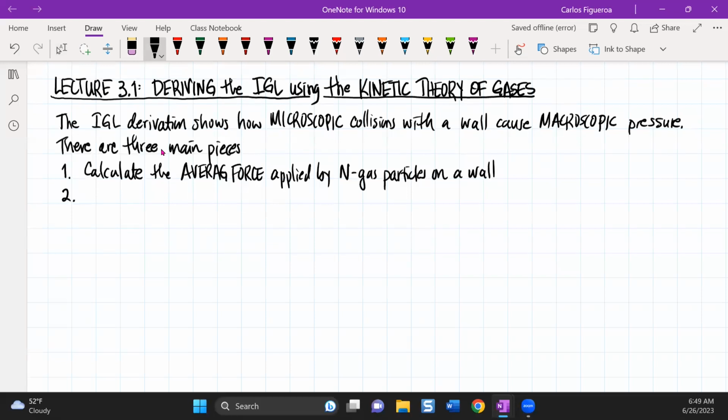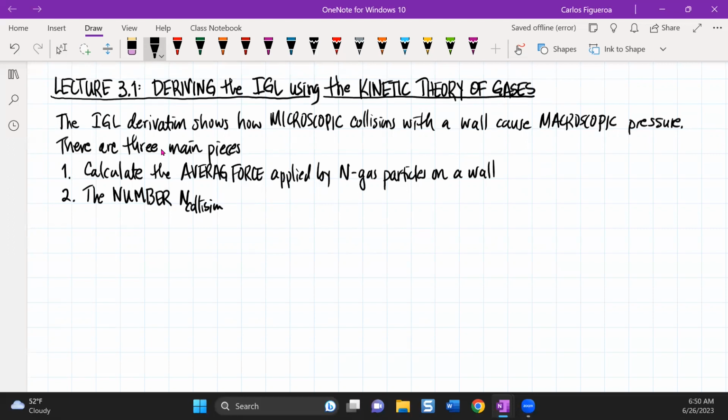Two, which is the trickiest piece, the number, which I call n collisions. How many gas particles are actually colliding with the wall has to be calculated.